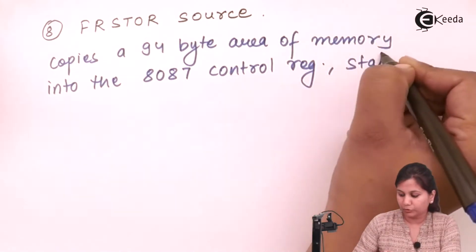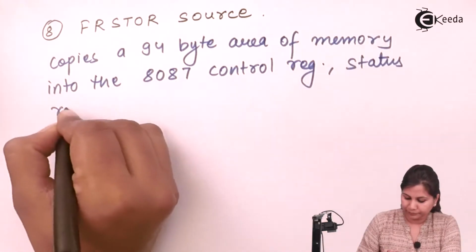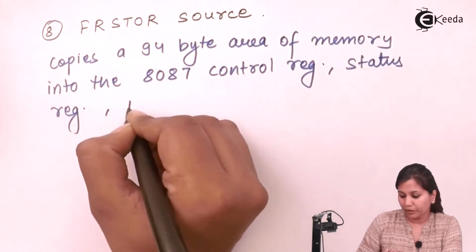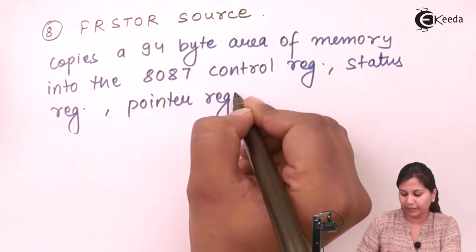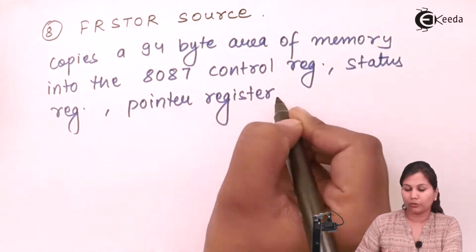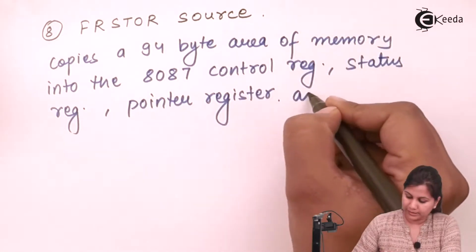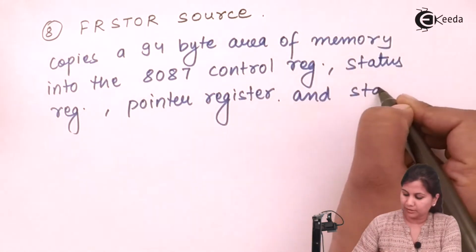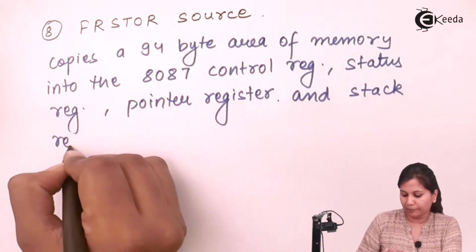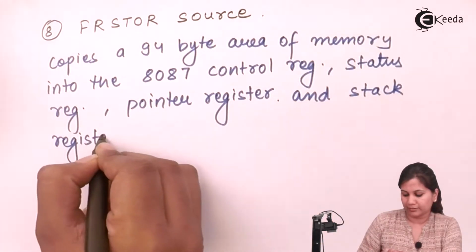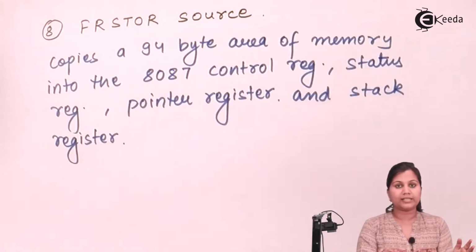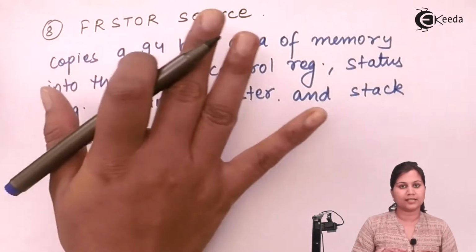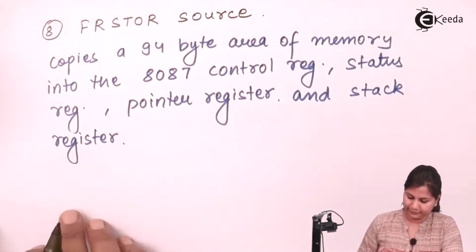Status word is copied to the status register. Pointers are copied to the pointer registers like instruction pointer and data pointer. And the stack registers are copied into the stack registers. So all the contents which were earlier saved are restored by using this instruction.